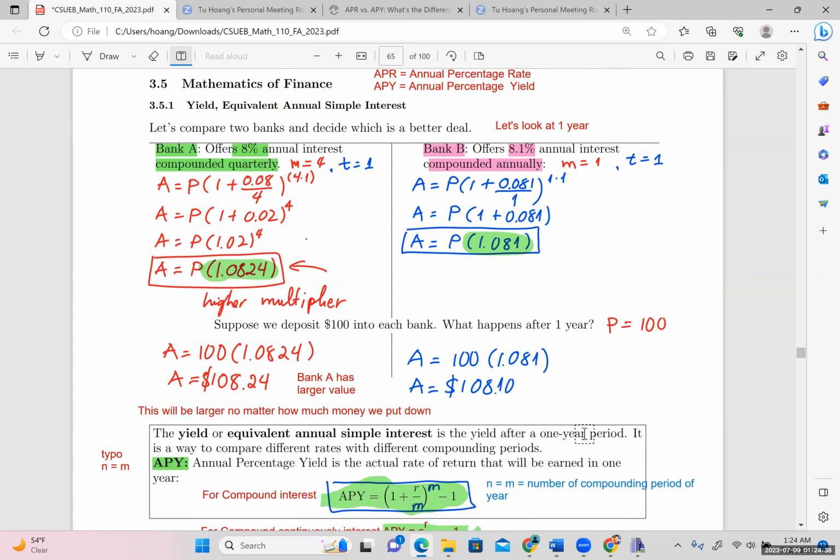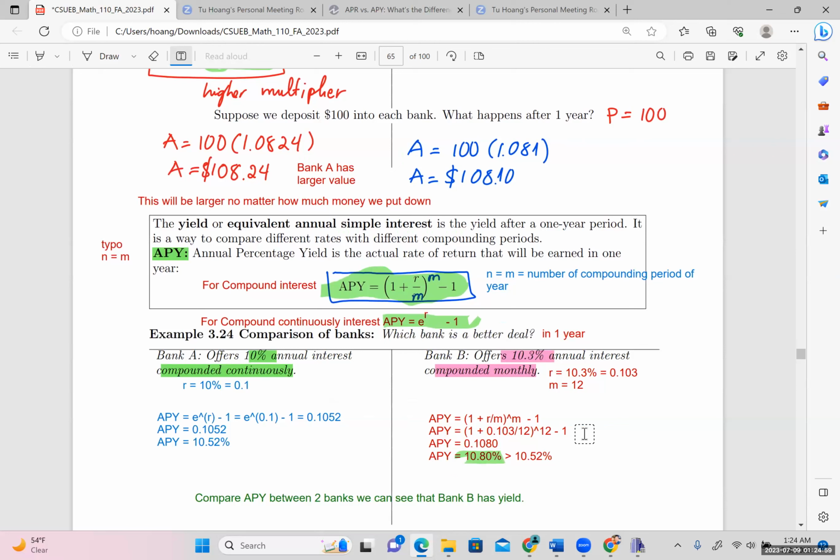The way above is where we calculate and try to find a value in the future, but for the APY yields, we just compare the yields in 1 year, and that can tell me which one is the better deal after 1 year. Okay.